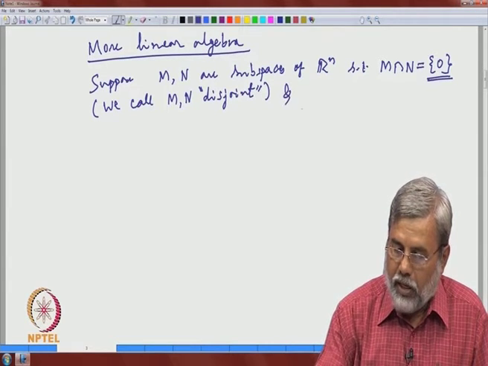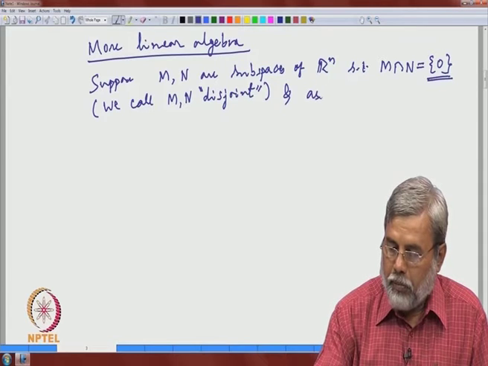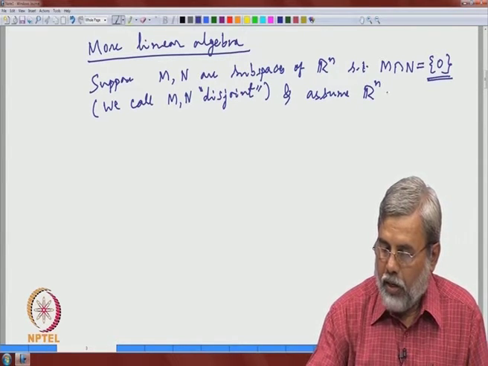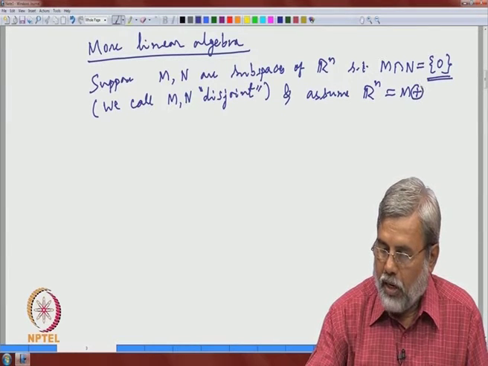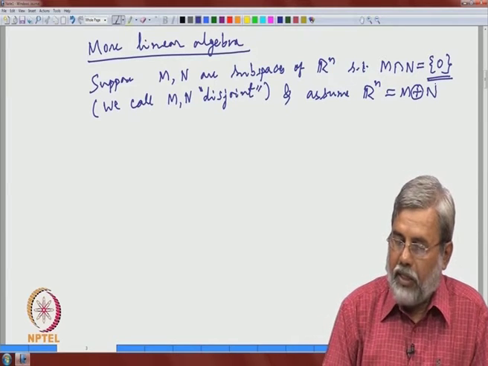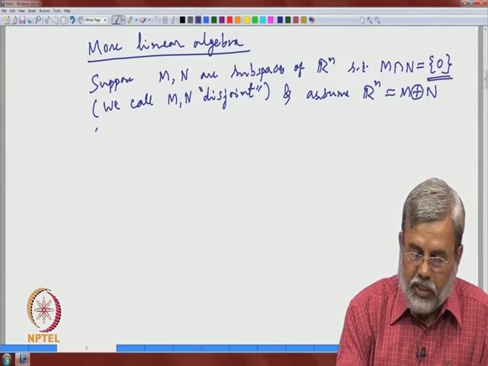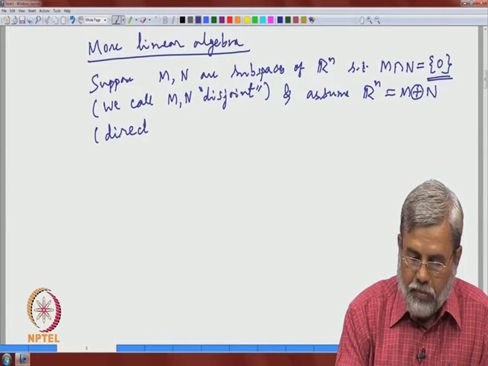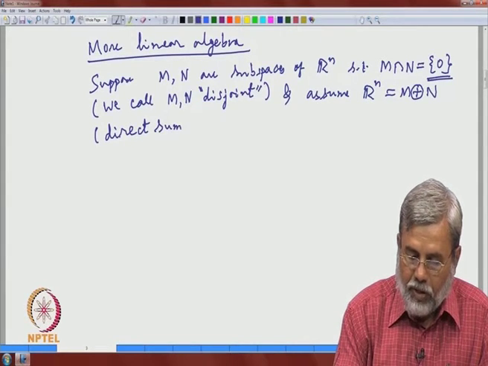And assume R n is M plus N. Okay. Let me explain that a little bit. So, this is called the direct sum of M and N. Okay.